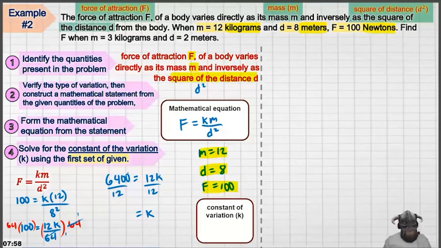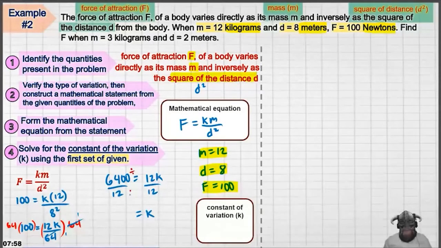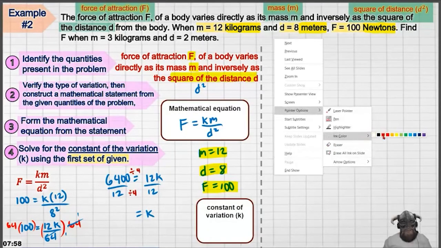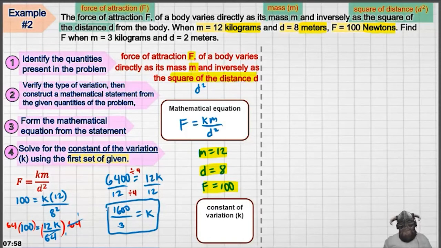Very good, Lawrence. It's 4. So, hindi kasi divisible by 12 siya, but it's divisible by 4. So, we can divide both of them by 4. So making now our K equal to 6,400 divided by 4 is 1,600 and 12 divided by 4 is 3. Yes, our constant of variation K is a fraction.